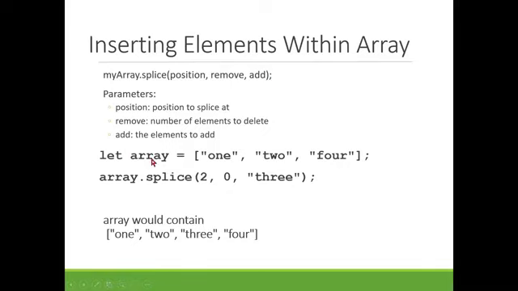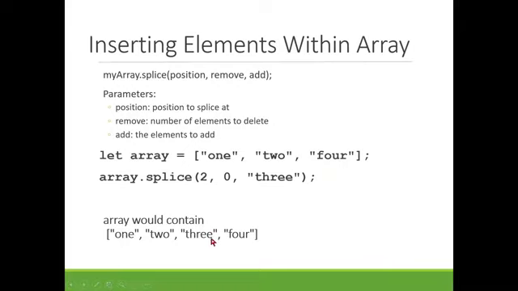So if we take the array 1, 2, 4, and we do array.splice, we go to index 2, 0, and the value 3. We're not removing anything here, but we want to insert the value 3. This new value will be inserted at index 2, and anything at index 2 and after will get pushed 1 to the right.